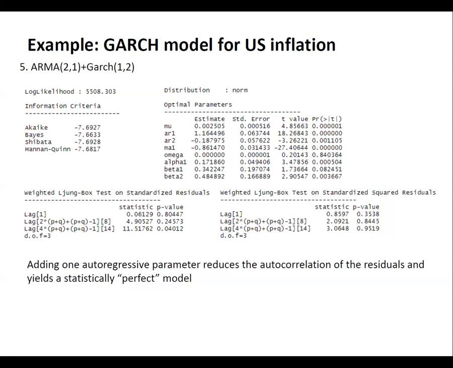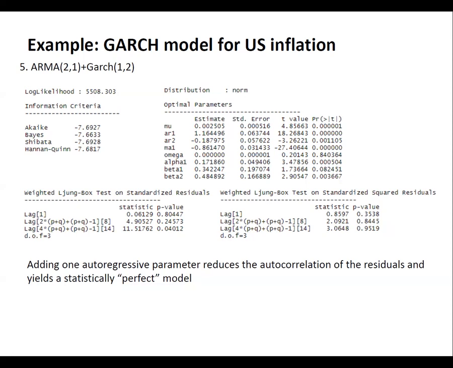Here we have the parameter estimates themselves. Well, here we see that the Ljung-Box test gives us no autocorrelation for standardized residuals, and also no autocorrelation for squared standardized residuals.